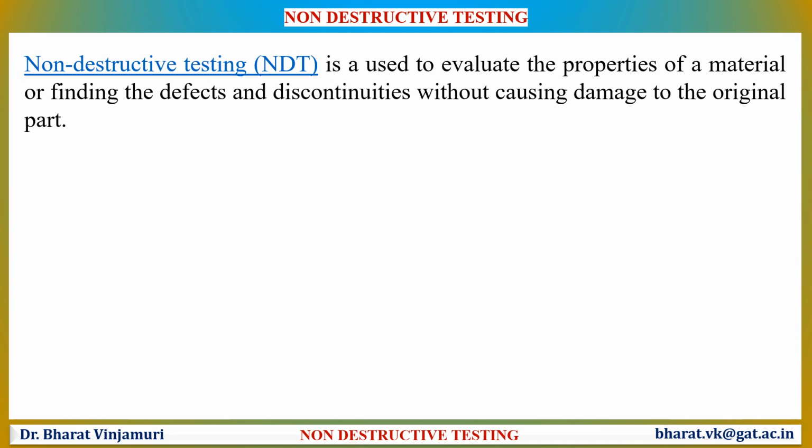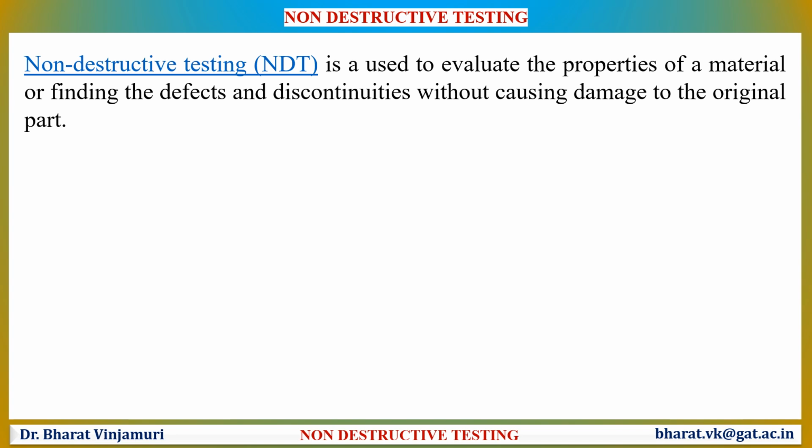Non-destructive testing means parts and materials are tested or inspected without causing damage to them. It is a method to evaluate properties of the materials or find defects or discontinuities without causing damage to the original part.